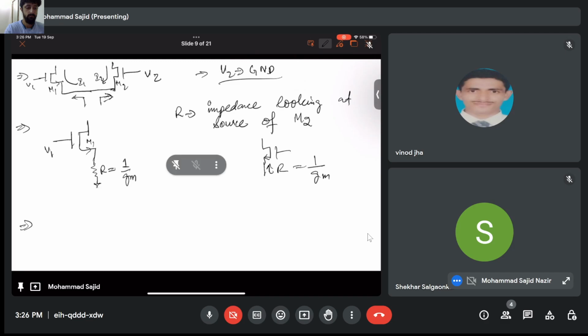So now you have to calculate I. What is the current flowing through this circuit? Okay, one second. This is your equivalent circuit. I hope this is now easy for you guys.